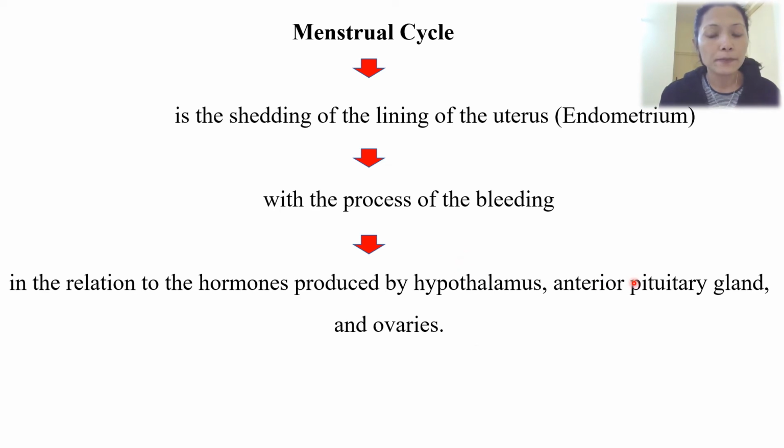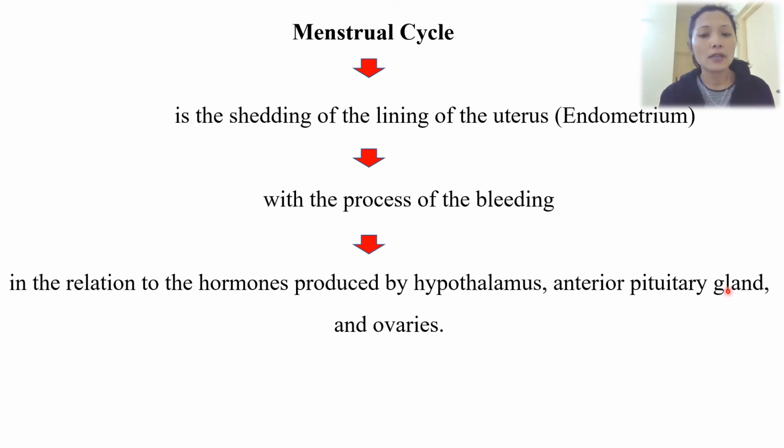These three parts make the hormones fluctuate, leading to the process of bleeding. The process of bleeding consists of the shedding of the lining of the uterus. So the menstrual cycle in a simpler form is the shedding of the lining of the uterus with the process of bleeding in relation to the hormones by the hypothalamus, anterior pituitary gland, and ovaries.